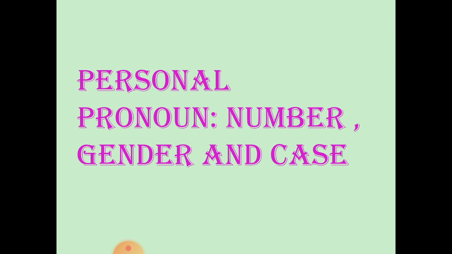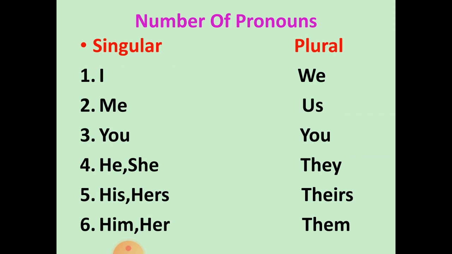So let's start with number of pronouns. Earlier also this was explained to you, how we change the number of pronouns, how we make them change from singular to plural. So first, I becomes we, मैं, हम. Me becomes us.